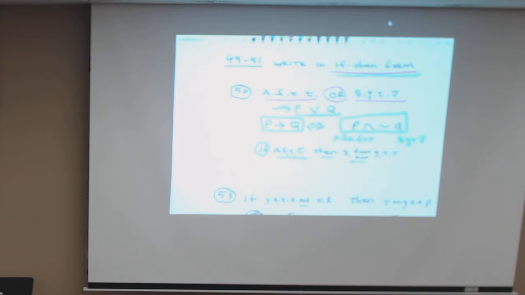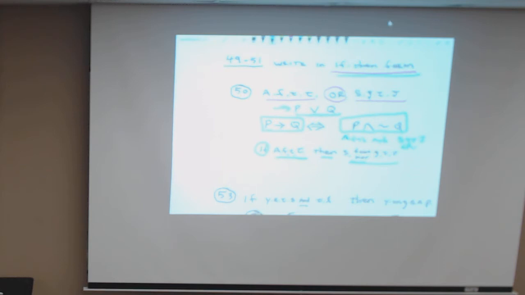So Alice failed the test, and she did not get the job. So if Alice fails the test, then she does not get the job. Yeah, looking at 48, I forgot to go to P and not Q, which is the negation of if P then Q.